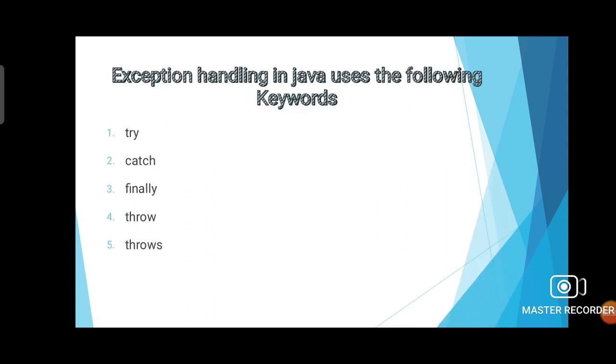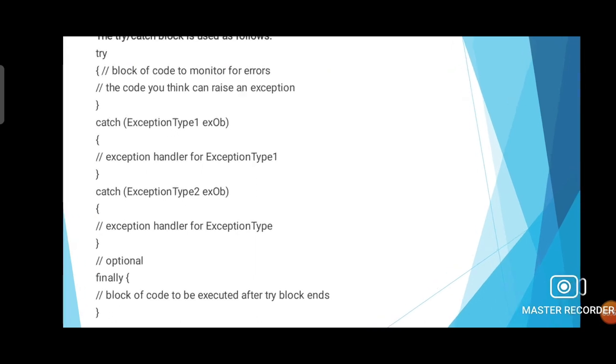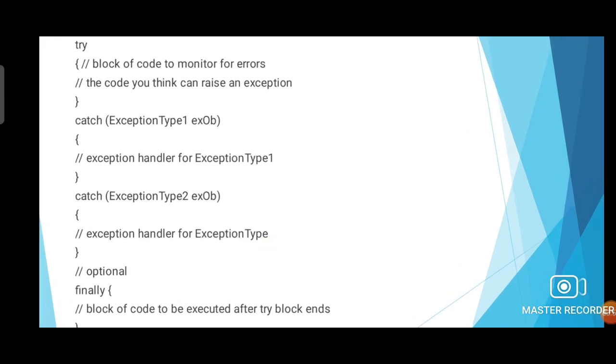Now, exception handling keywords in Java. In Java, when we handle the exceptions, there are some procedures. We will use some specific keywords under which we will handle the exceptions. The keywords are try, catch, finally, throw, throws. Now we can see the basic structure of a Java program that includes the exception handling mechanism. First of all, we will have the try block.